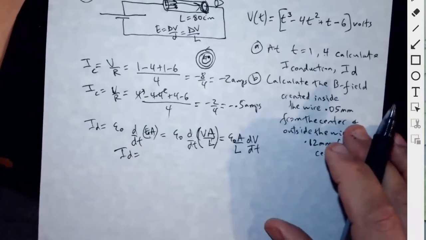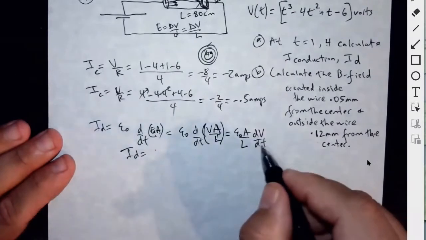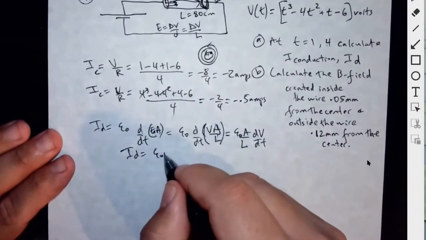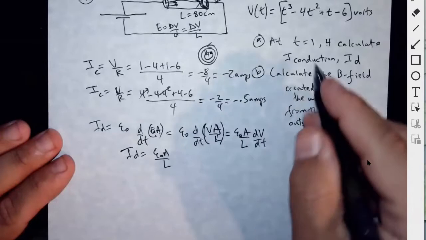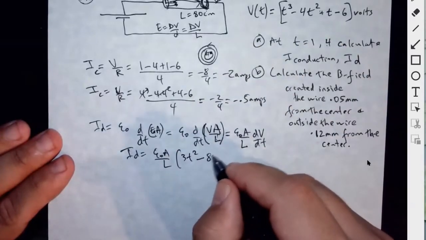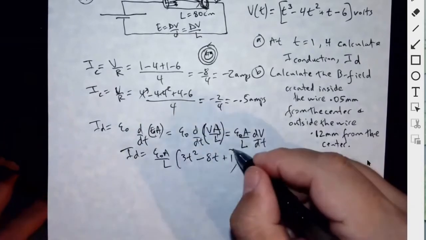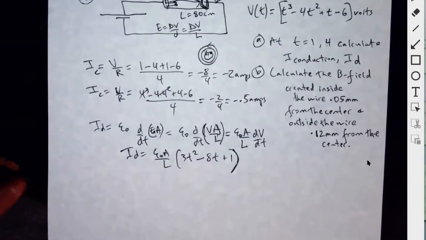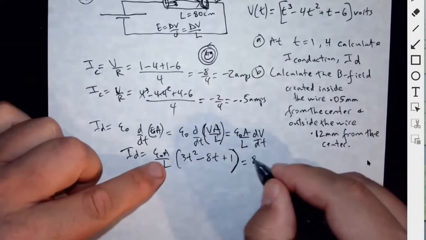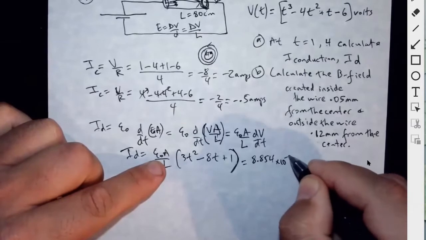Then you have what? dV dt is just going to be 3t squared minus 8t plus 1. Okay, that's good. Now we could just put in the numbers. 8.854 times 10 to the minus 12.